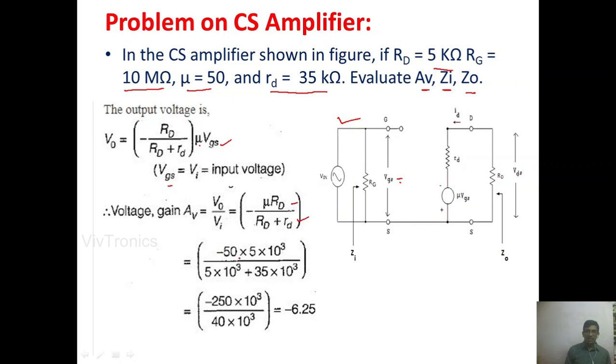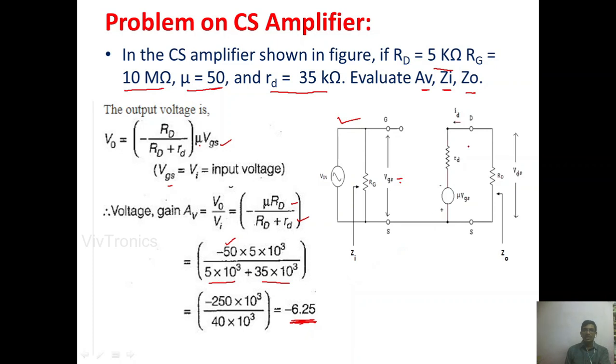Substituting the mu value of 50 and the RD value of 5 kilo ohms, which is 5 into 10 to the power of 3, divided by the capital RD of 5 into 10 to the power of 3 plus the small rd, which is equal to 35 kilo ohms. After substituting the values, we get the voltage gain as minus 6.25. That is the gain of this CS amplifier.